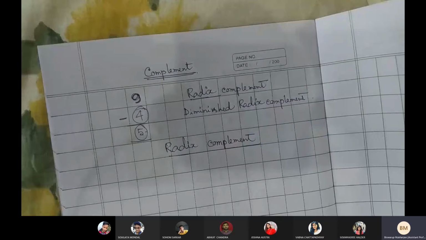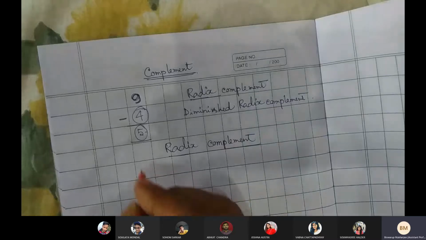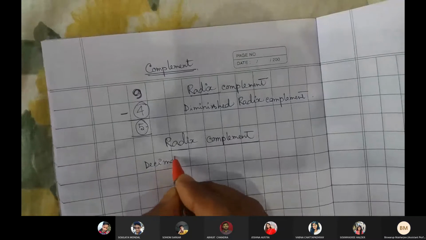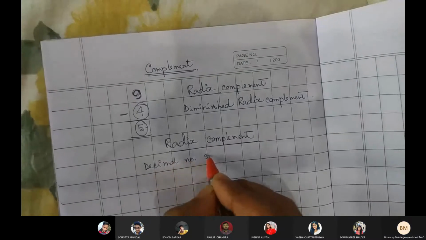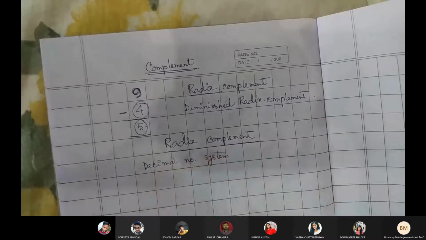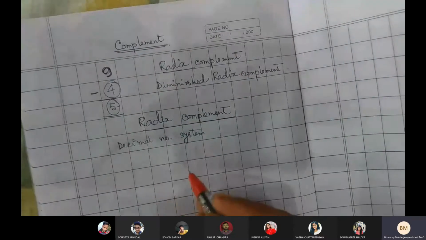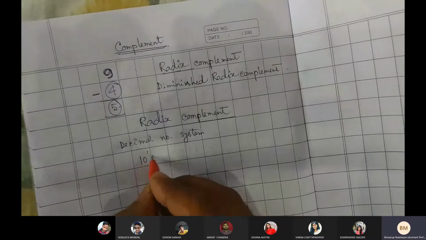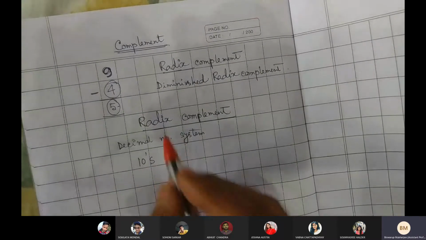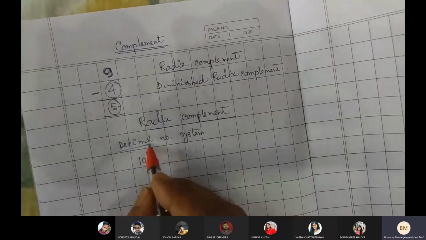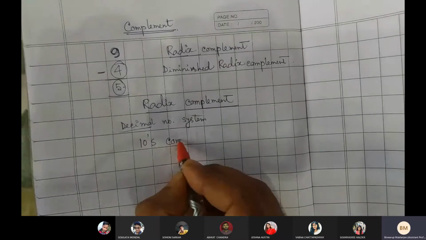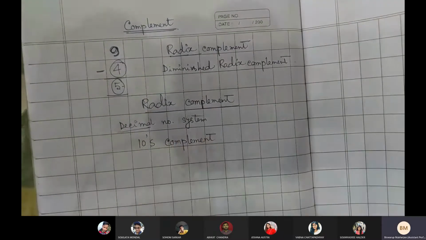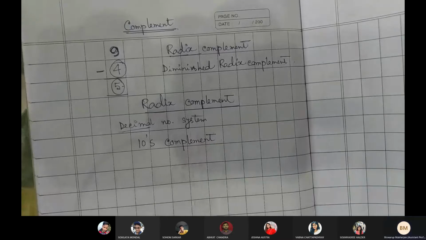It means that for a decimal number system, the radix complement is called the tens complement. Tens. Why tens? Because it is the radix of decimal number. Okay. So called the tens complement. How can we make that one? How can we find out that one?